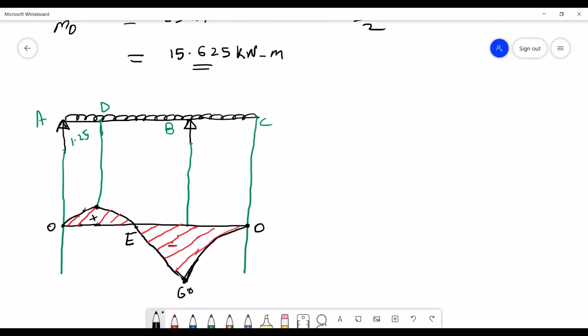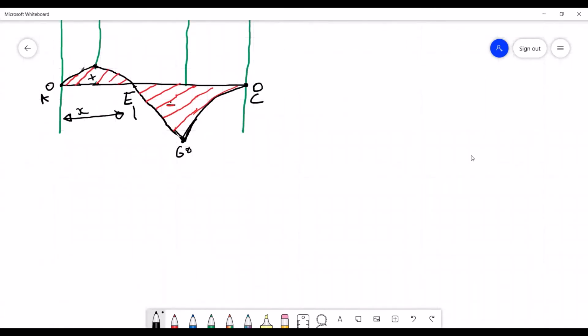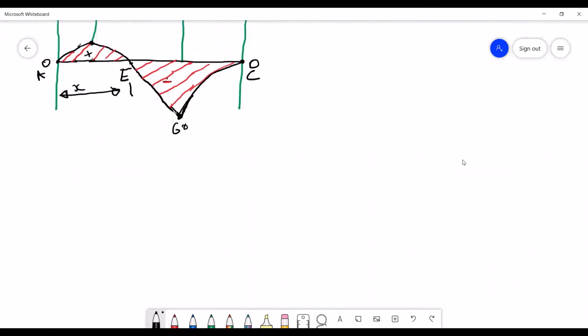We have to find the distance of E from A. This is the point A and this is the point C. Suppose this distance is X. I have already told in the theory that the point where E is has 0 bending moment. It means that the bending moment at E is equal to 0. I have supposed this distance is X.